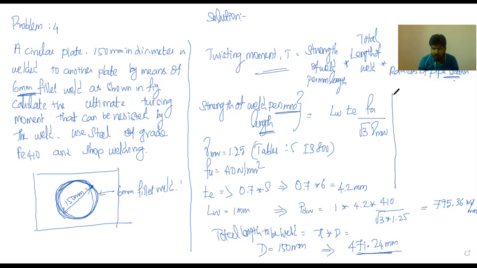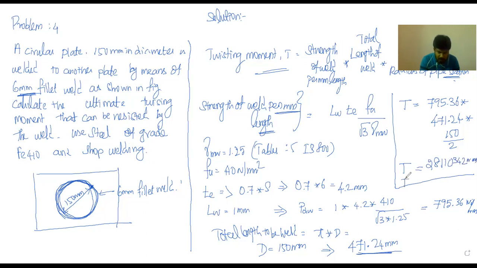If I substitute all these values into the equation, I can get the twisting moment T. So T is equal to 795.36 multiplied with the total length of the weld, 471.24, multiplied with the radius of the pipe, that is 150 divided by 2. Substituting, T is equal to 28,110,342 Newton mm.